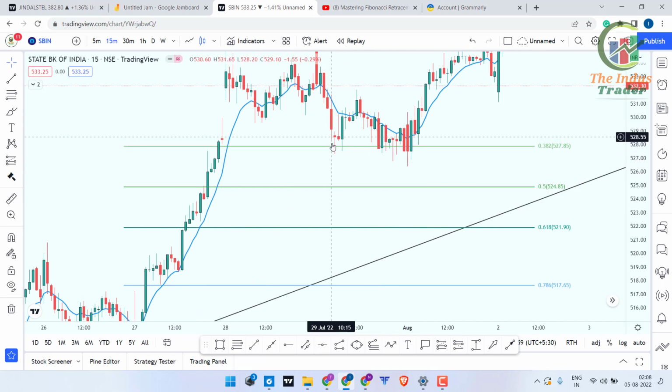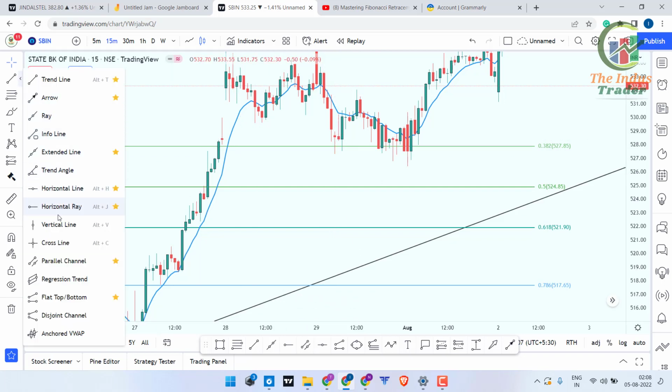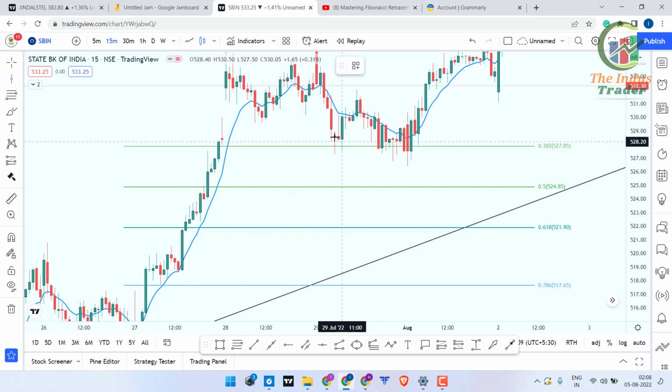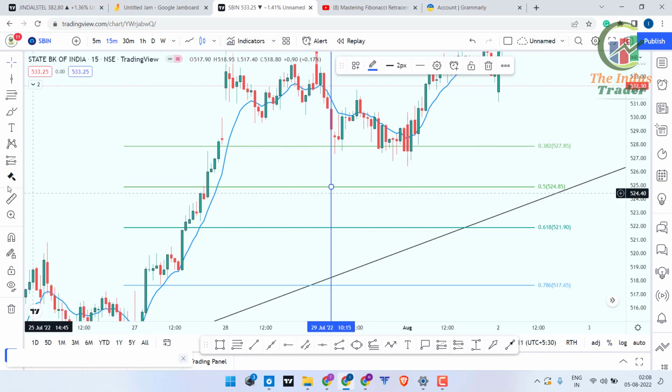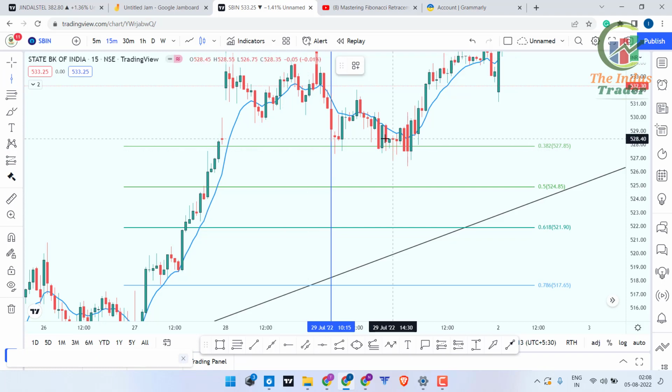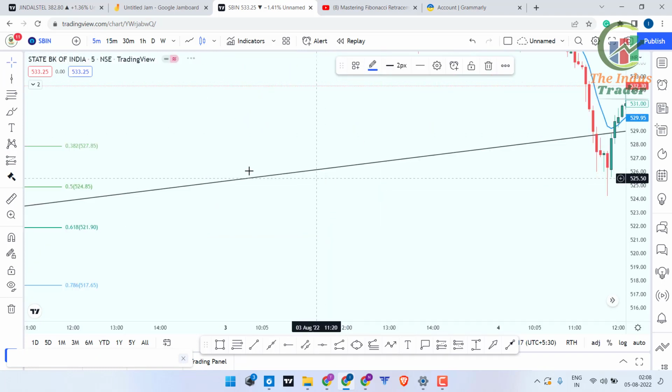Let's say first time it respected here. See, if you plan 1 is to 2 ratios, right, you will get the targets very easily, no need to worry for that. So if we say first time it respected here, and second time it respected somewhere here, switch to 5 minutes time frame.